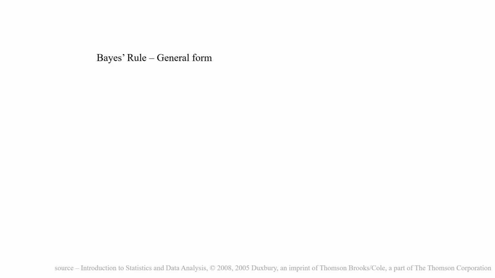Bayes rule can be extended for n disjoint events and a general form for Bayes rule can be arrived at.